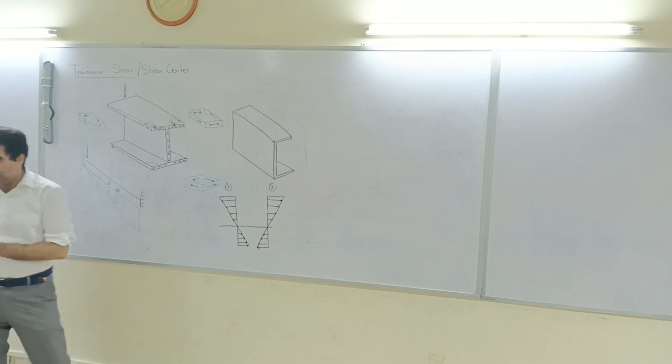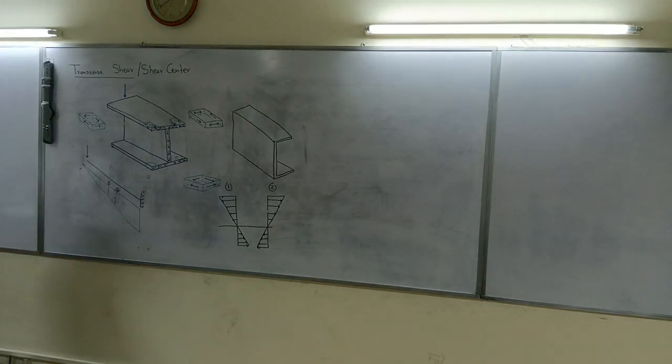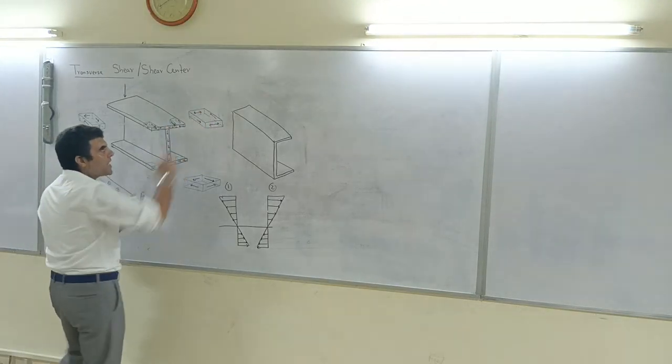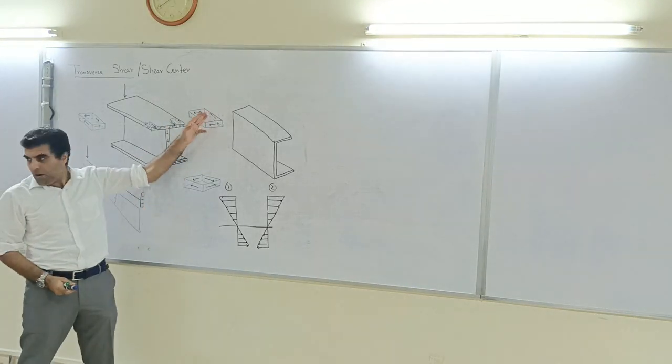So remember 3 steps. The first step is you draw the bending moment diagram and see where your moments are changing. The second step is you find out your unbalanced force and put it in that box.